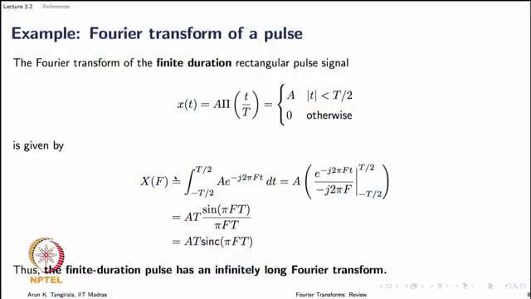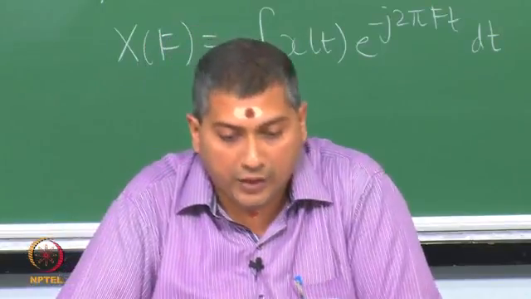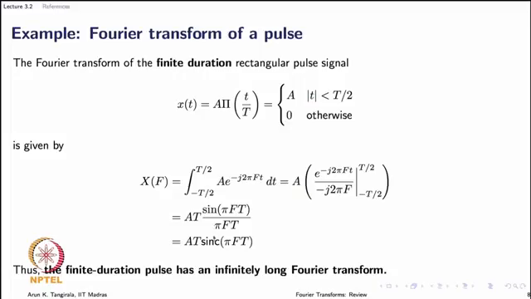The mathematical expression for the Fourier transform is worked out here, and this is something that you can also work out fairly easily. The details are given. What we have here is what is known as a sinc function. So, the Fourier transform of a rectangular pulse is a sinc function, and the sinc function exists forever.